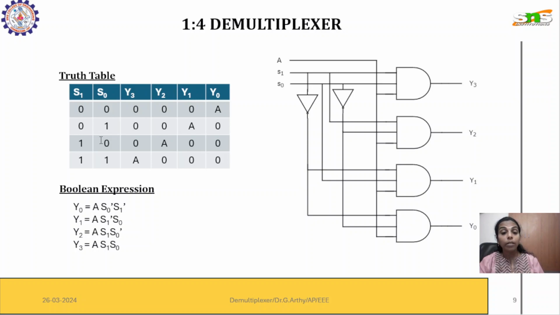Then after writing all these Boolean expressions, we will draw the circuit. If you see here, all these are 4 AND gates. Three-input AND gates have been used, and here we have S0 dash as well as S1 dash. So from S0 and S1, in order to tap the inverted version, we have used NOT gates.